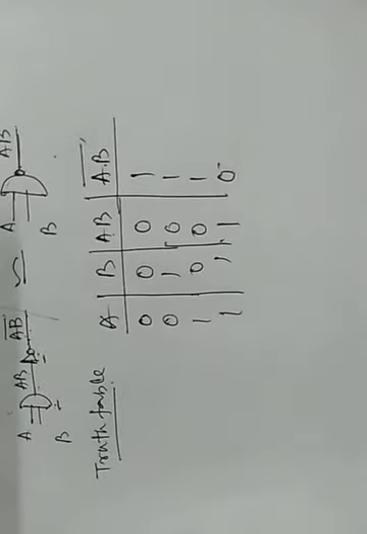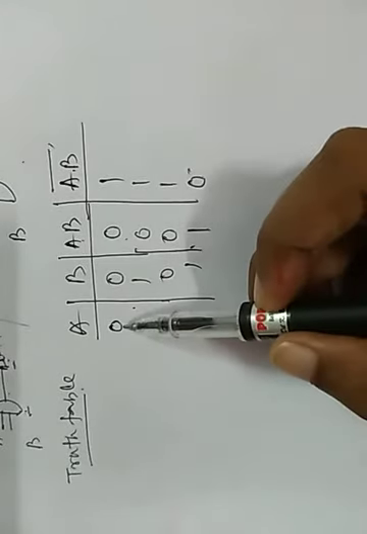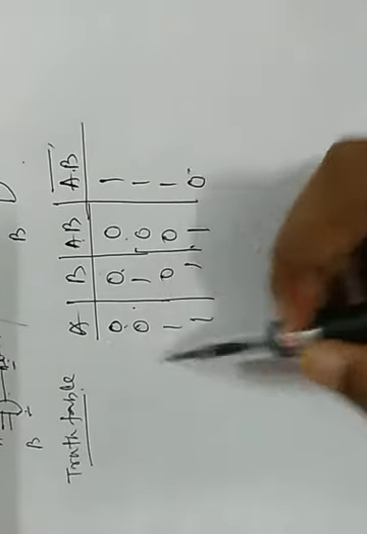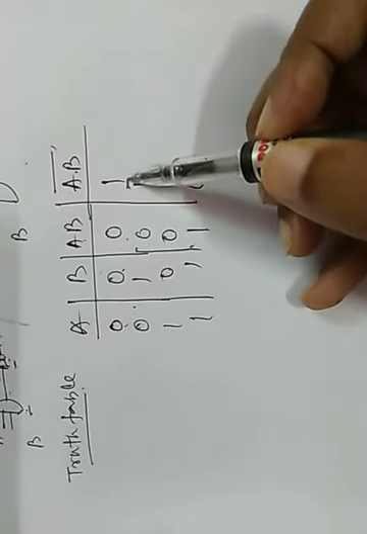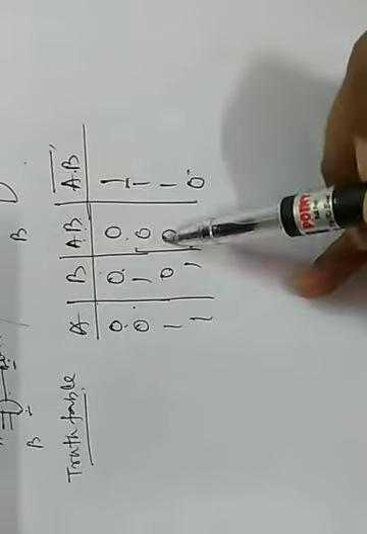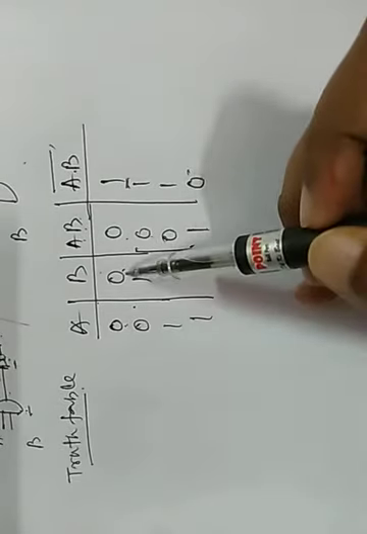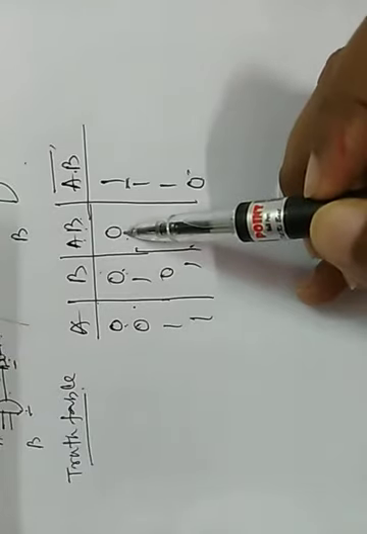So by definition, for the NAND gate, if there is at least one 0 in the input line, then the output is 1. What was the definition of the AND operation? AND operation definition is: if at least one 0 is in the input line, then the output is 0.